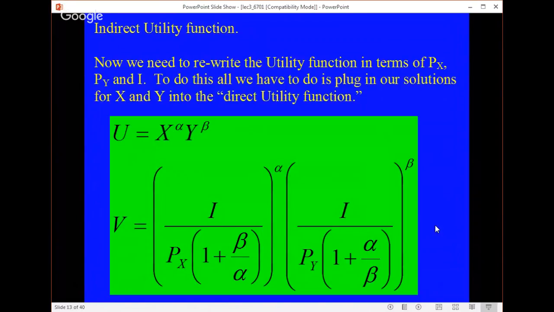Now it's indirect, why? Because x or y is no longer in the utility function, only the prices and income. This is our indirect utility function. Questions?